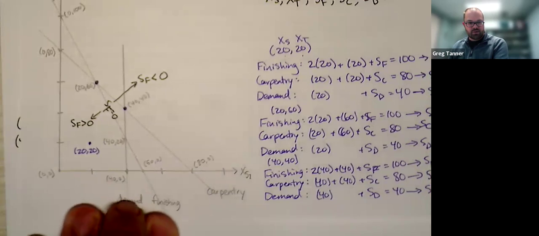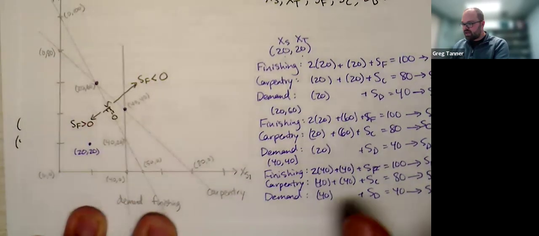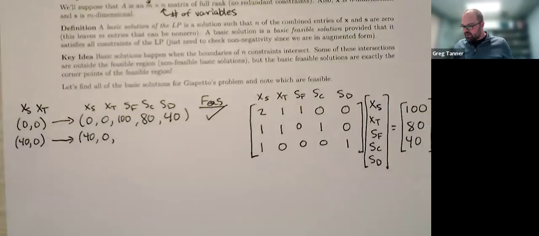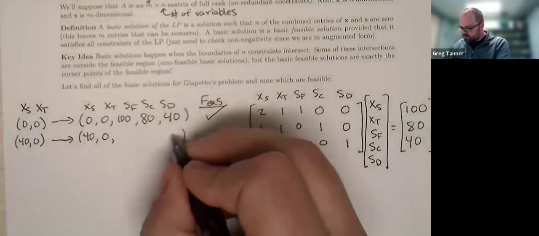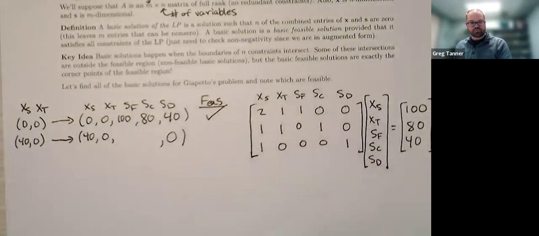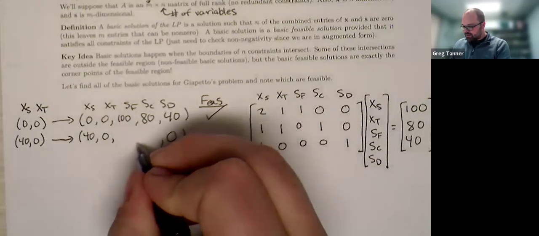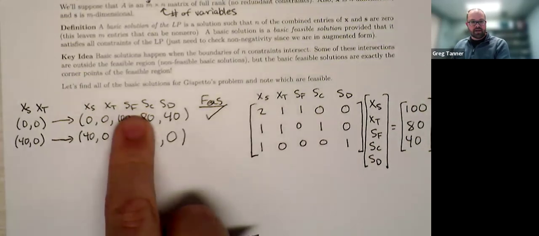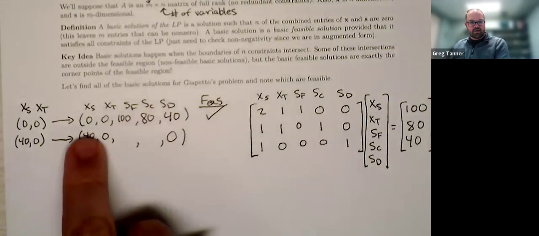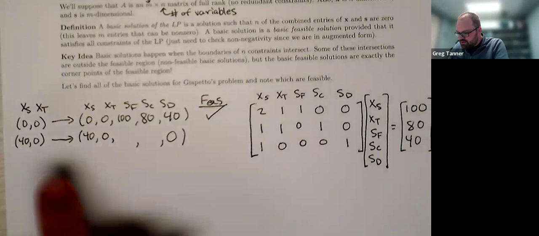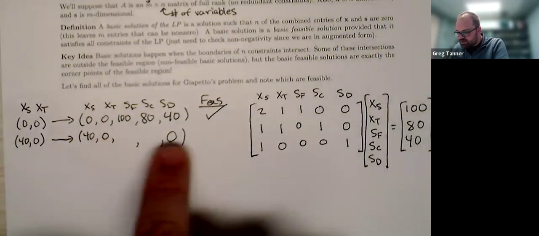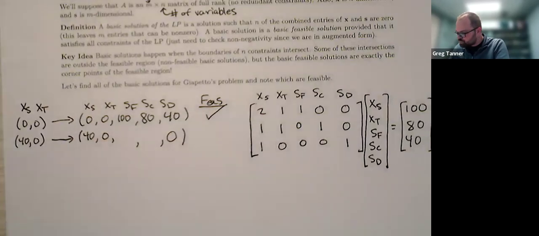Well, at 40, 0, we're on this demand constraint, and so there's no slack for the demand variable. And so then I know that SD, slack for demand, is equal to 0. That leaves me finding only SF and SC. And I guess I've already solved for XS at that point.